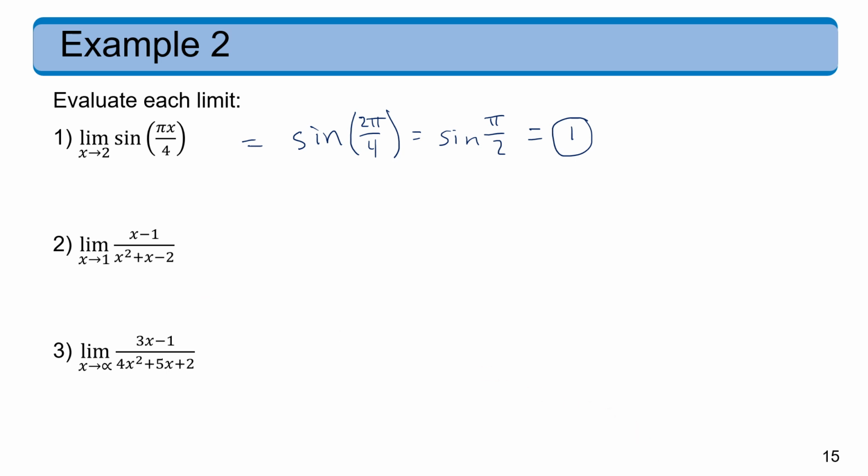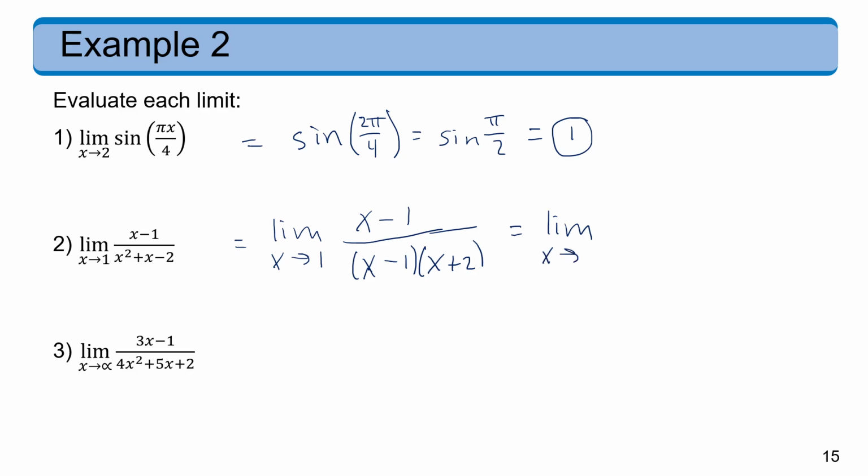So one thing we often try in this situation is factoring and see if there are any common factors that cancel. So notice here the denominator could factor to x minus 1 times x plus 2. And there is a common factor that cancels between the numerator and denominator.